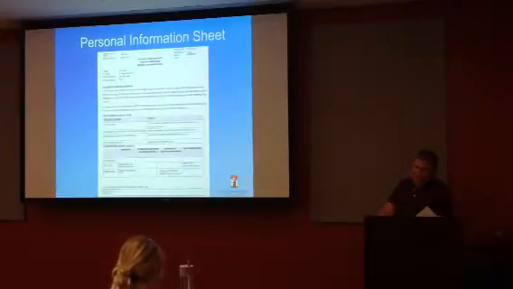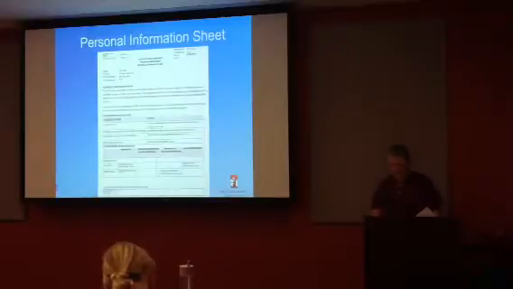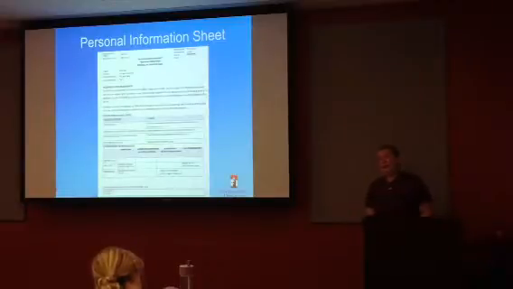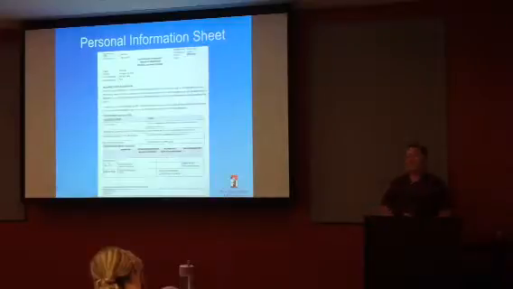The personal information sheet includes information such as the date the document was printed. This is important because any changes made after the printing of that document will not be reflected. So you may get students coming to you in a panic: why does it say that I need this class when I submitted my AP score sheet?